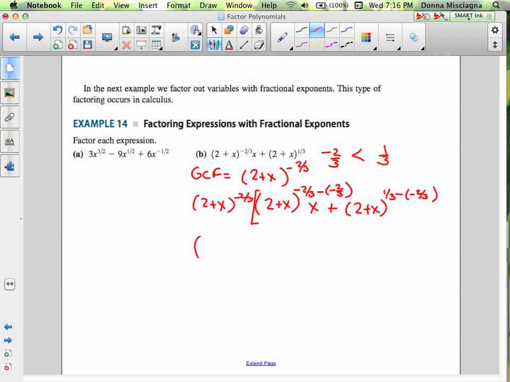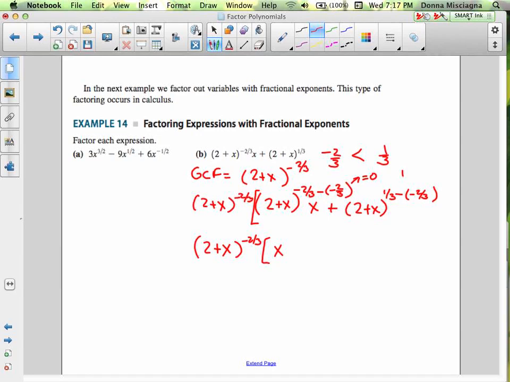So now let's simplify. We've got 2 plus x to the negative 2/3 power. Now negative 2/3 plus 2/3 is going to be 0, and anything to the 0 power is just 1. So this is just going to be an x. Now we have 1/3 minus a negative 2/3.